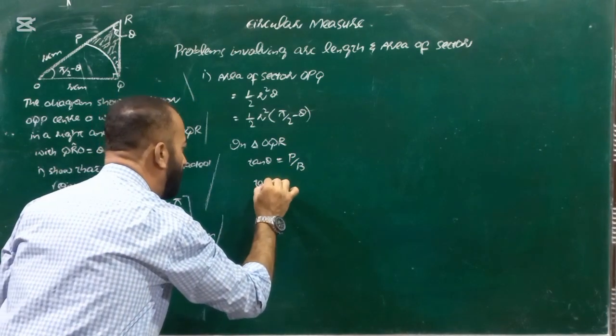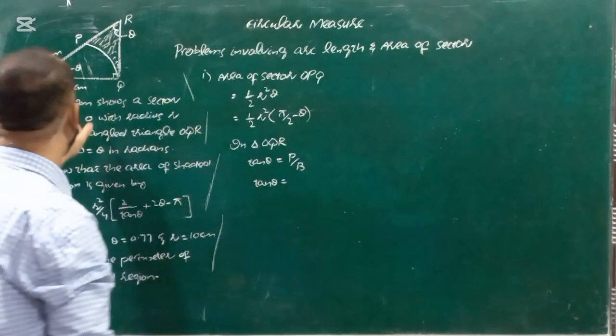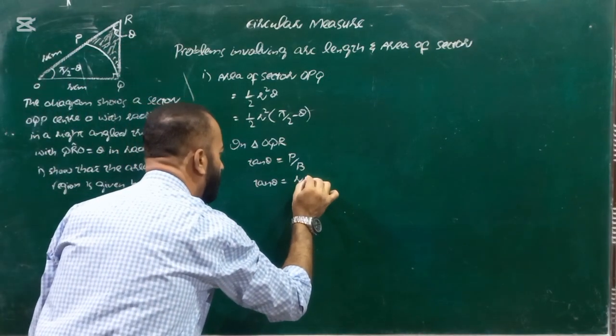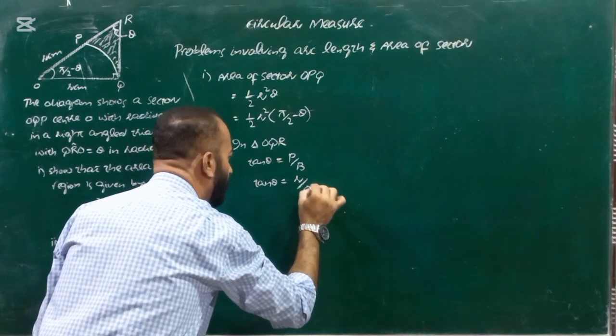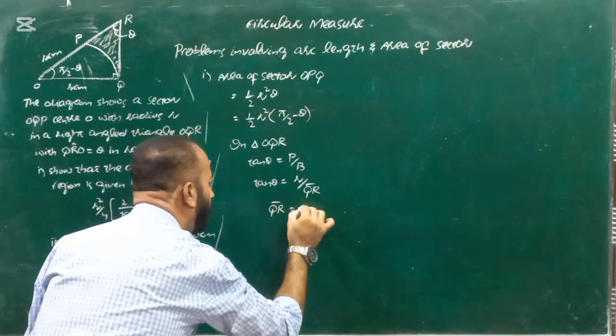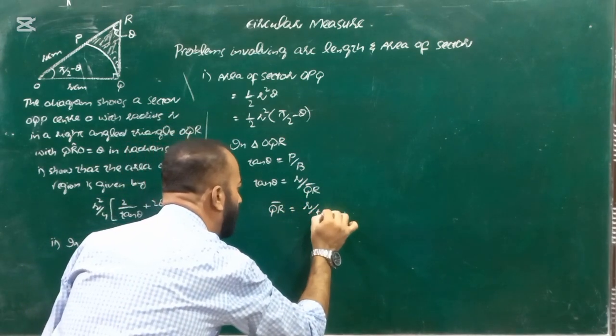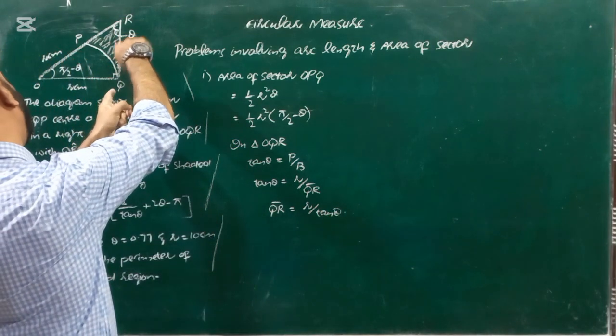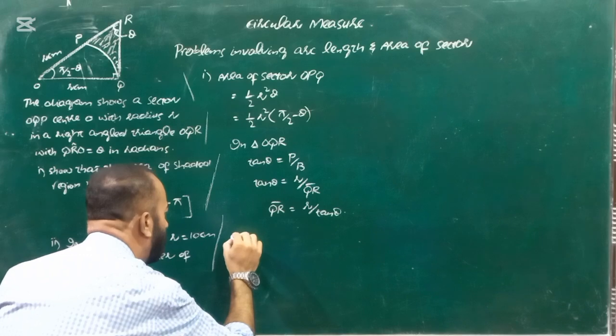Tan theta will be equal to, perpendicular is r and base is QR. So QR will be equal to r over tan theta. So this is the base now.